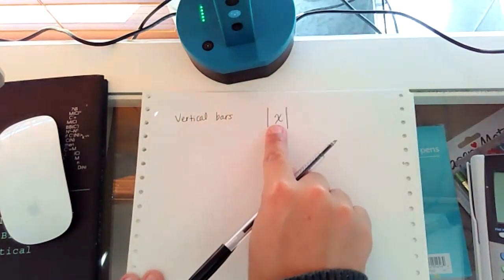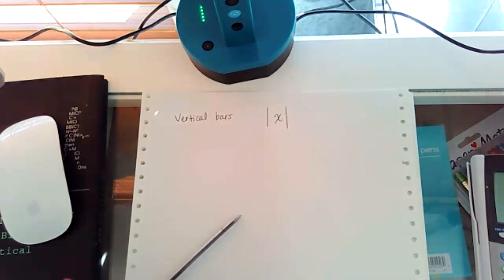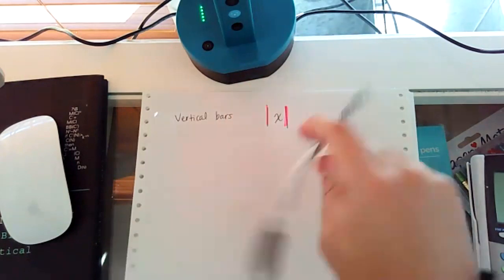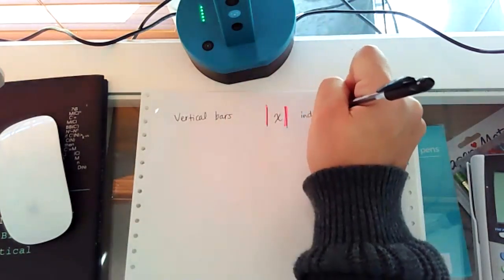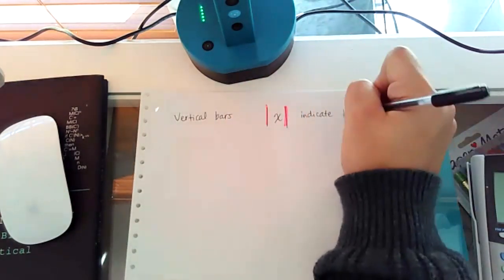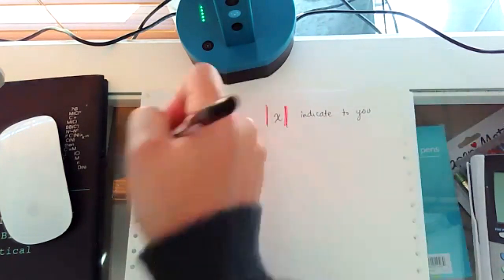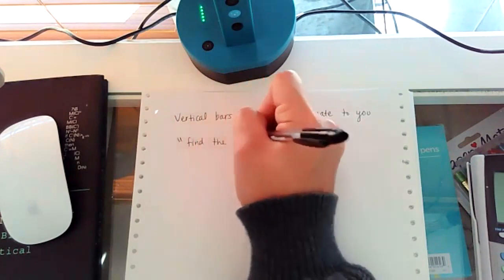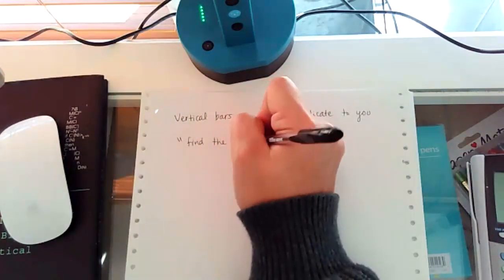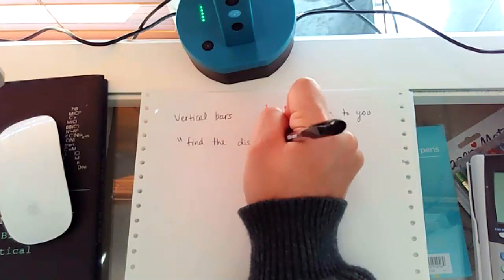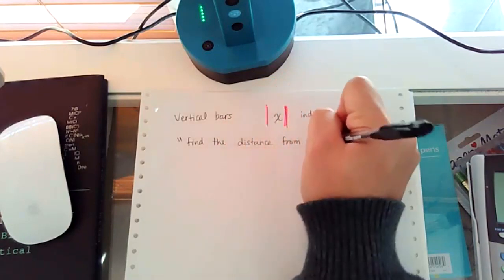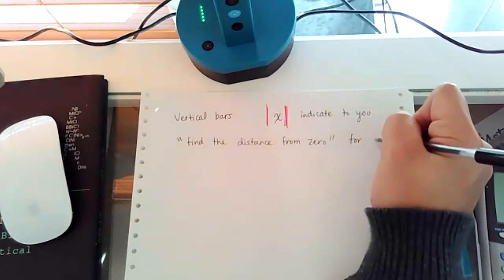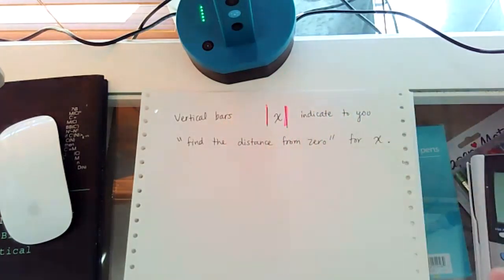There's a number placed inside these vertical bars, and those vertical bars indicate to you: find the distance from 0 for this number x, whatever that number is.